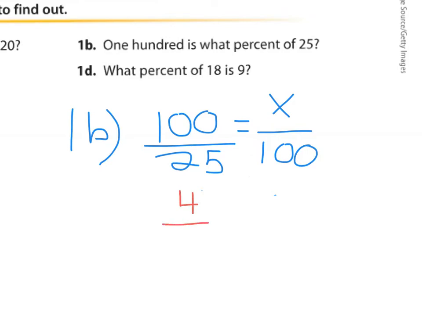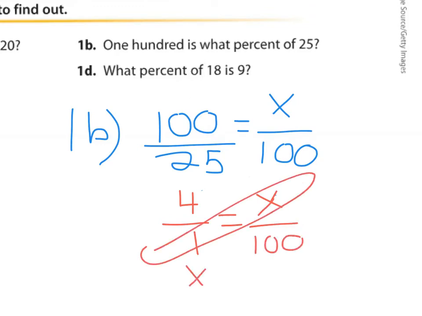And how many do I have in the bottom? Simply 1, right? And then I cross product x and 100. So when I cross product, 1 times x is x, and 4 times 100 is 400. Okay, so what percent do we have? We have 400%, 400 per 100.